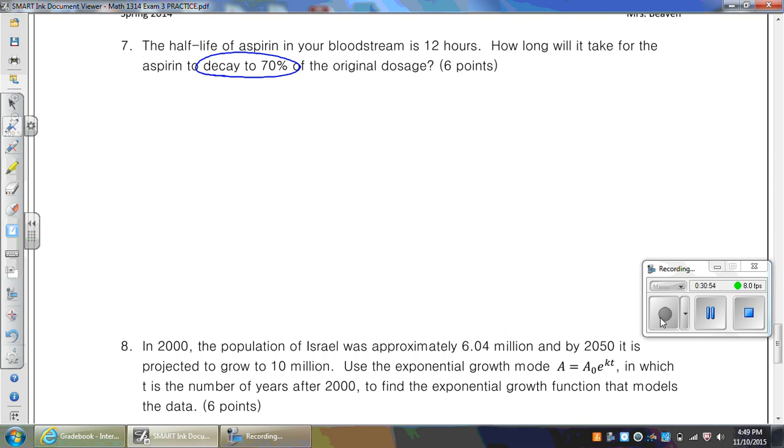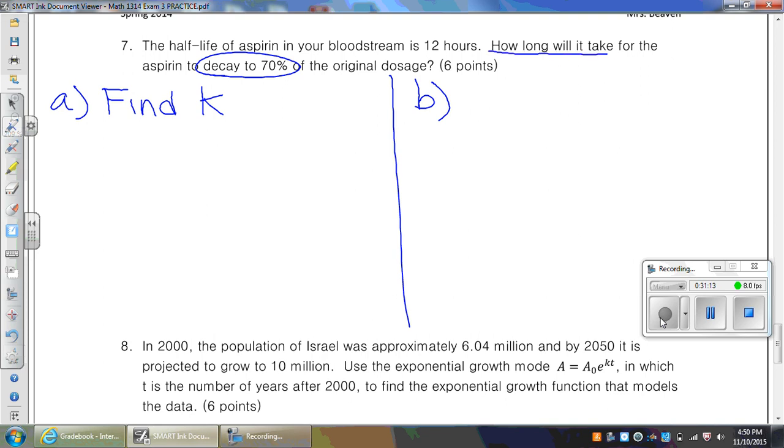So first of all, I need to find k. And we're talking about the aspirin in your bloodstream decaying, right? So we can anticipate that k is going to be negative. After we find that, we're going to have to answer the question, which is how long will it take for the aspirin to decay to 70%?